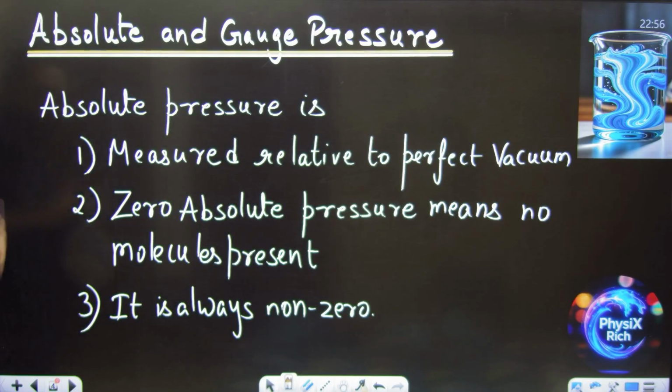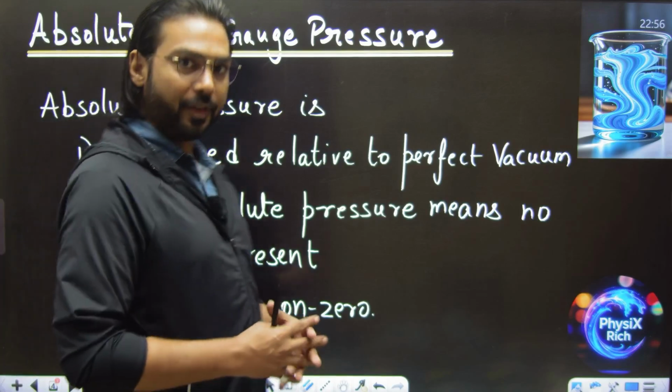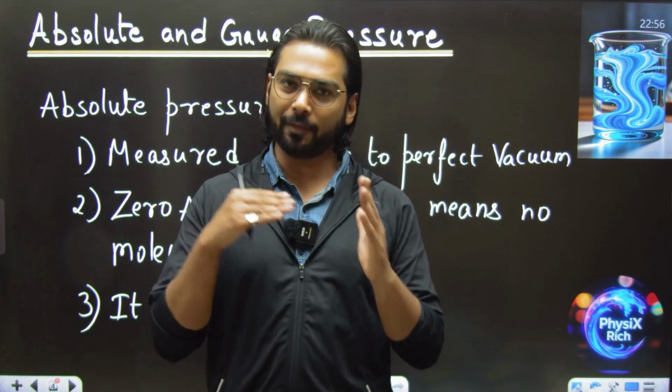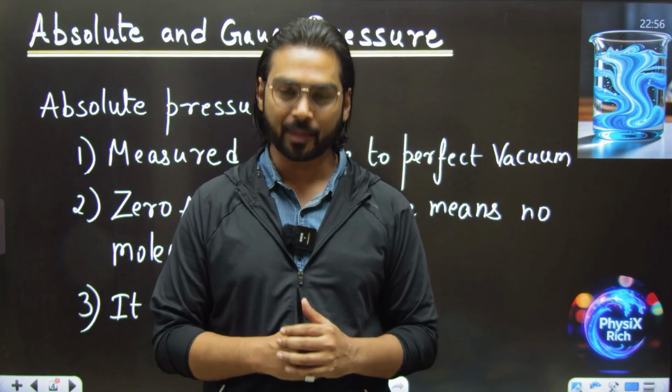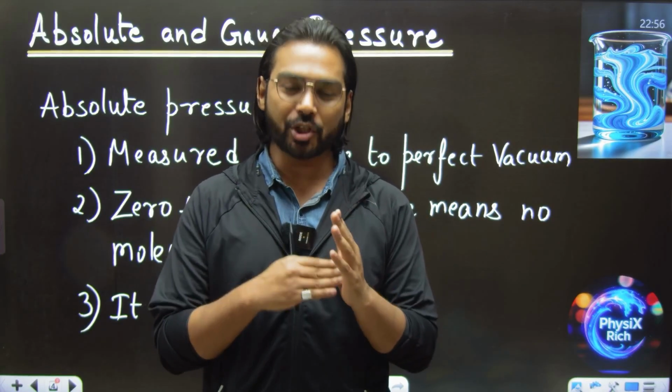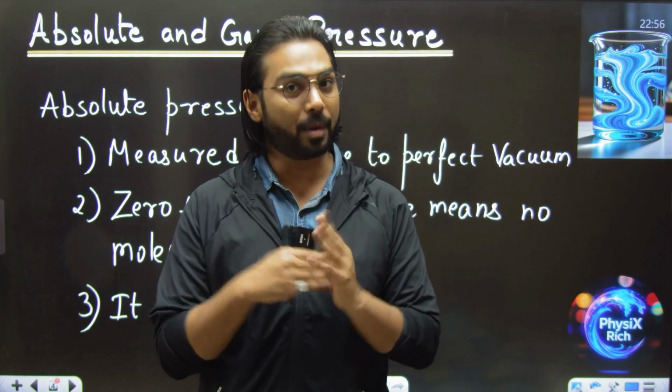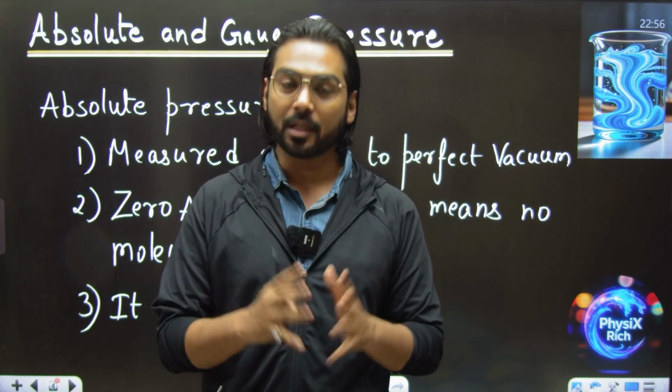So guys, what exactly is the absolute pressure? First of all, we need to recall what we have learned about pressure. Pressure is normal force acting on a given surface area. It's the force which tries to pierce through a given surface area in a perpendicular direction, right?